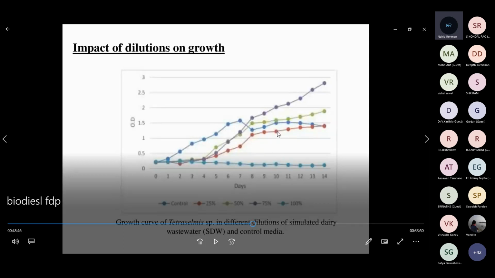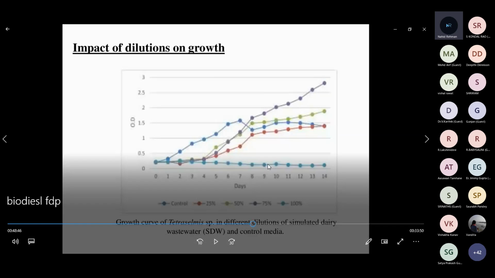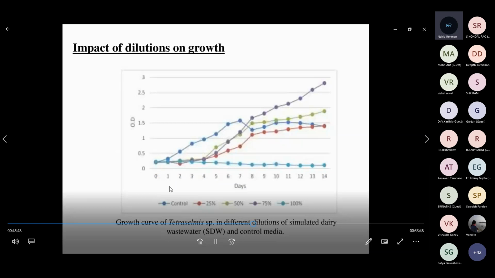This is the 25% red one, and this green one is the 50%, and magenta one is the 75%, and then for 100% this is this one. You can see the impact of dilutions on the growth.